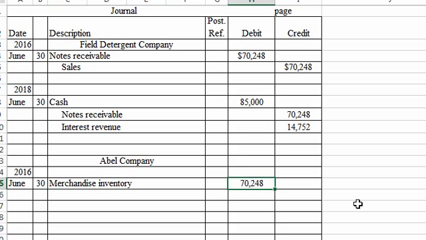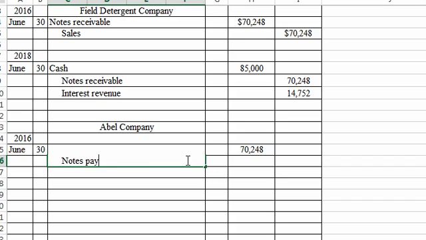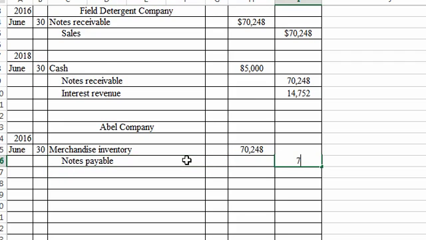This would be assuming both companies applied the same 10% interest rate, but on a like transaction they probably would. But it does make that assumption. Okay, and they would credit not notes receivable, but the liability notes payable for the $70,248.